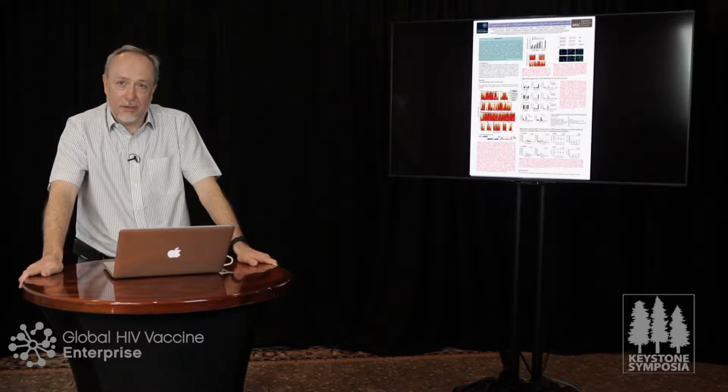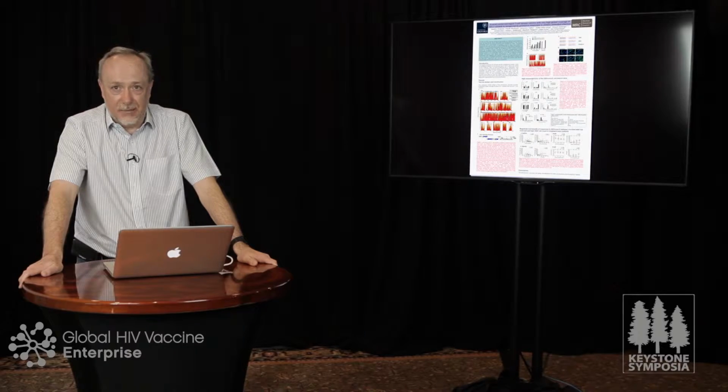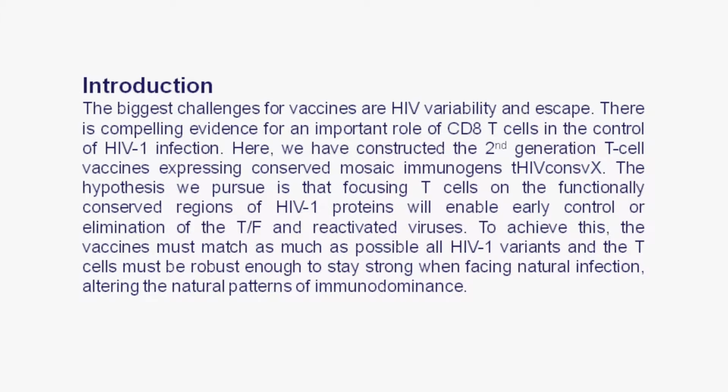The biggest challenge for development of HIV vaccines is diversity and escape. And this is the same problem for antibodies and cytotoxic T cells. We're focusing on T cells, and there are various ways to tackle HIV diversity.